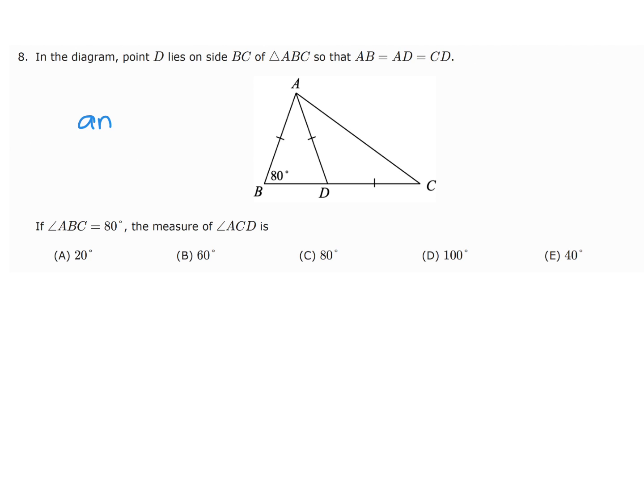So this is a question that's called angle chasing, and here we go. So this is 80. Now notice this is the same as that, so that's an isosceles triangle. Therefore, this angle would also be 80. And then this angle would be 180 minus 80, which is 100. And then this and that are the same, right?